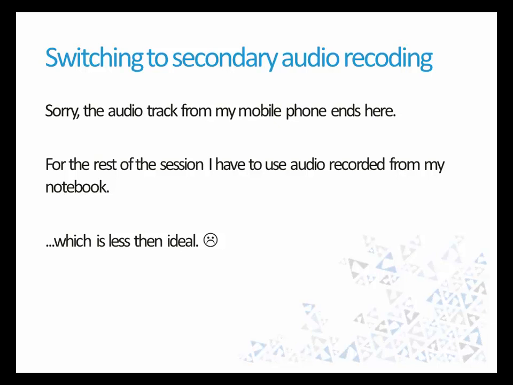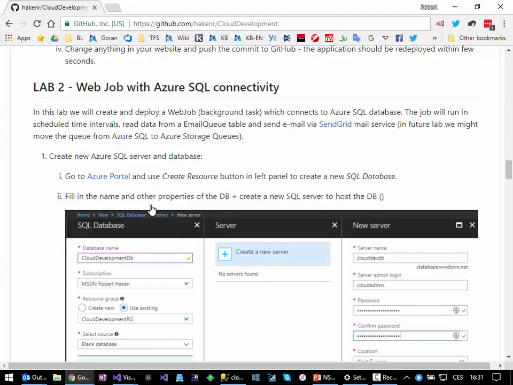And as I want you to try the Azure SQL database, we will create an Azure SQL database as well, create a simple table in the database, for example, this one will be for emails, like an email queue, and the job will be periodically checking the content of the database, whether there is any unsent email in the table, and if it's found, then it will send the email.